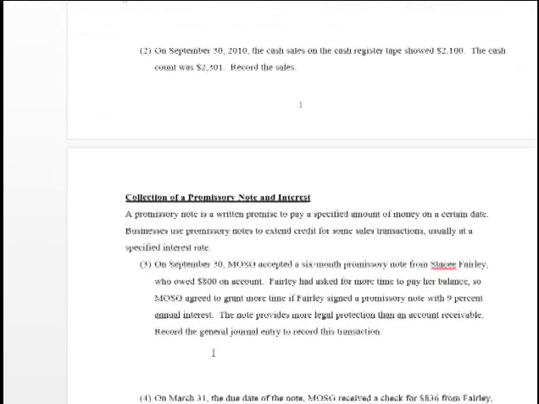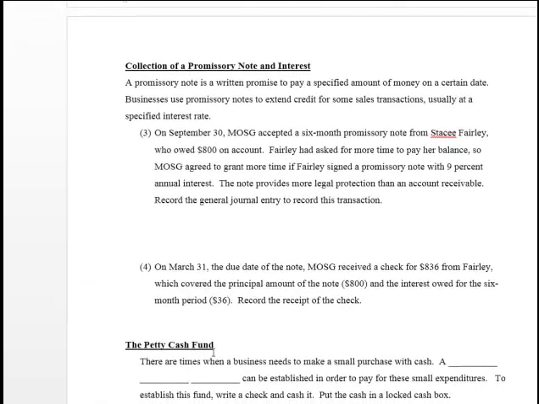Now I look back at my study guide, and another time that we need to record cash is if we collect on a promissory note. From time to time, if a customer who originally charged a purchase and owes us money can't pay by the due date, we will have them sign a promissory note that tells exactly the specified amount of money is due on a certain date with a specified interest rate.